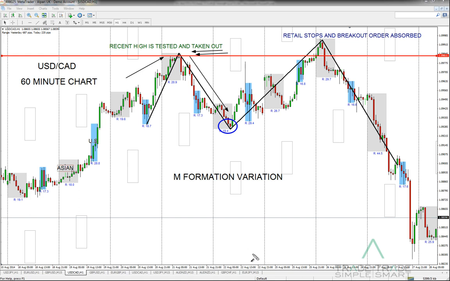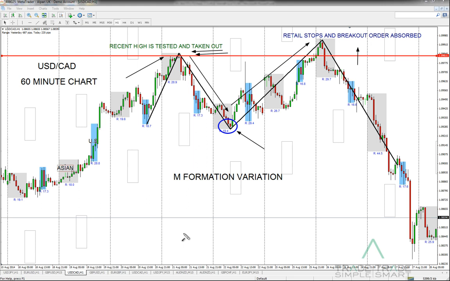Now, because of this fact, and the sellers are hoarding their buy orders above the most recent high, smart money will see this accumulation of retail orders and they will push the market up with the second leg beyond the most recent high, and this again will induce breakout traders into the market and also hit the stops of those sellers who have sold into the market.